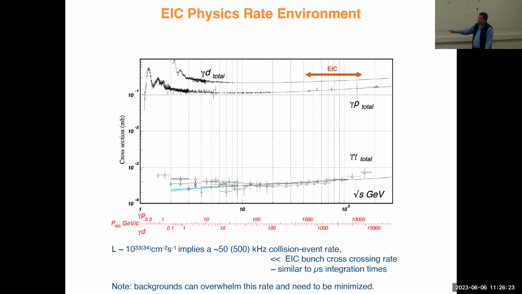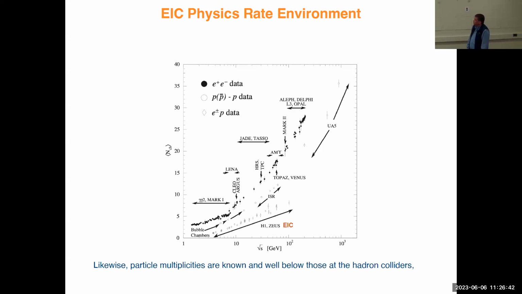This was about the physics rate environment. This says nothing about a potential background rate environment. Ill-conceived experiments where, let's say, you would be bending the electron beam inside the experiment would certainly result in large Bremsstrahlung contributions.